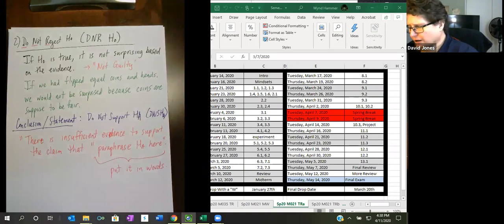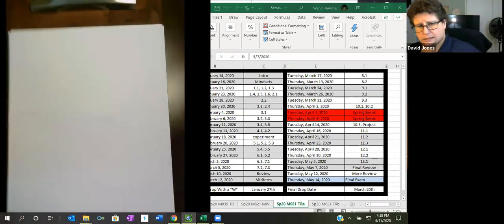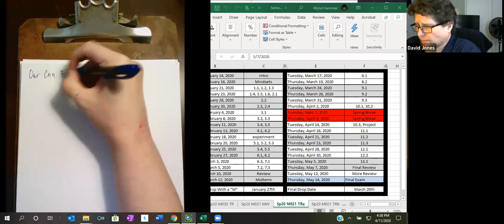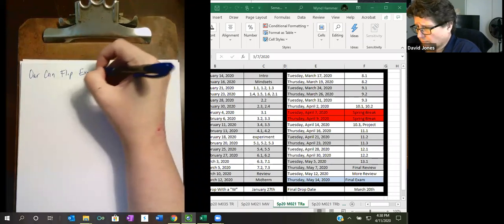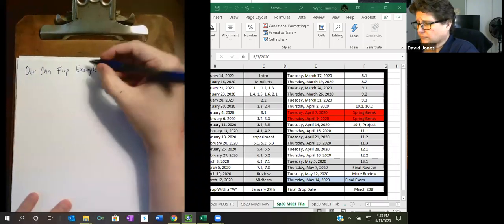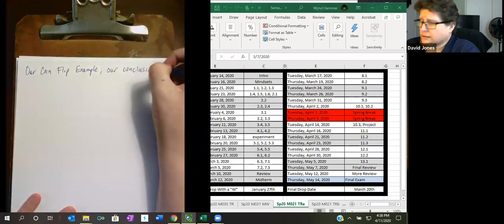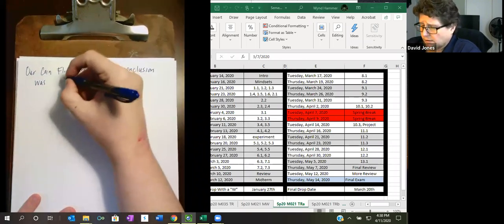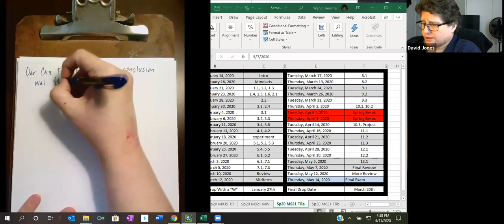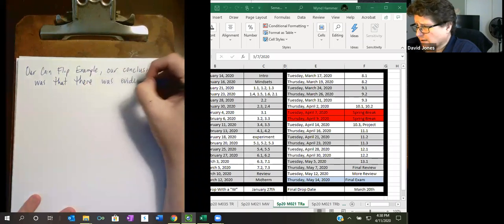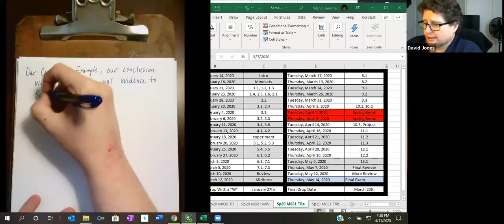Now, those are the two different options we have. There's a little more to this topic. Remember our coin flip example, our conclusion was that there was sufficient evidence to support that the coin was rigged.